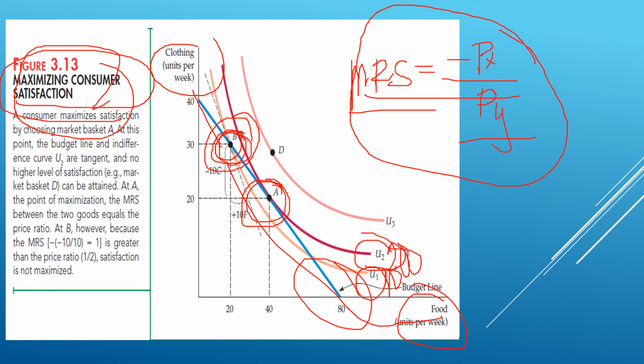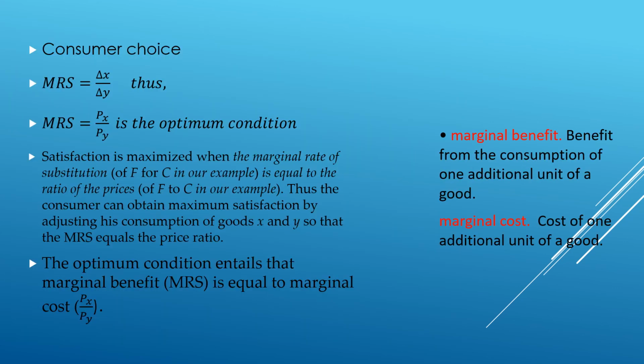So that is for the consumer's choice. How do we deal with the consumer's choice? Choose the market basket where MRS is equivalent to the negative PX over PY, or the satisfaction is equivalent to your purchasing power. Okay, so that's how it is.